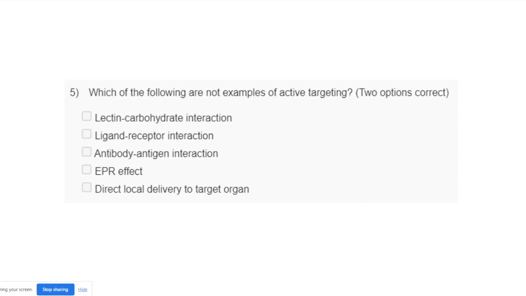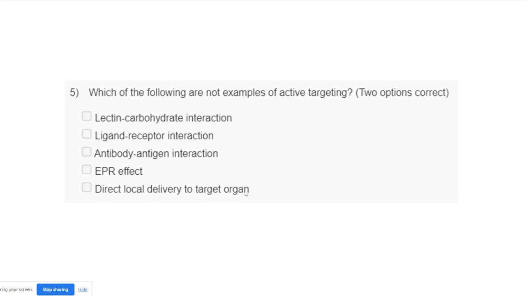No? And one more. EPR is for tumors, so it is not specific to a tumor region, only where gaps are there, it is going and targeting. Right. Okay. One option is correct, that is EPR effect.